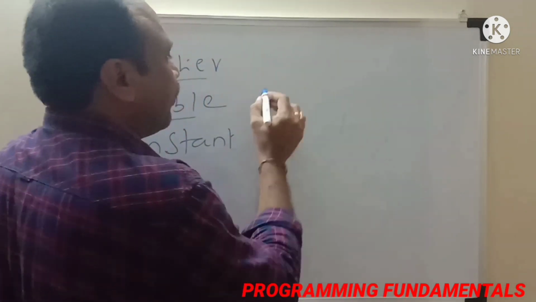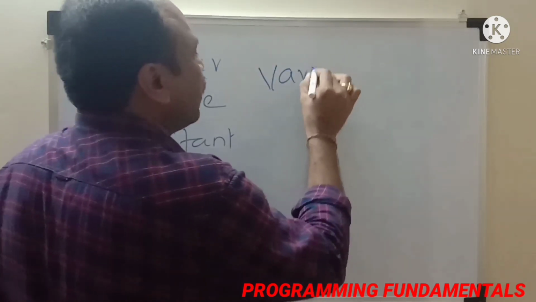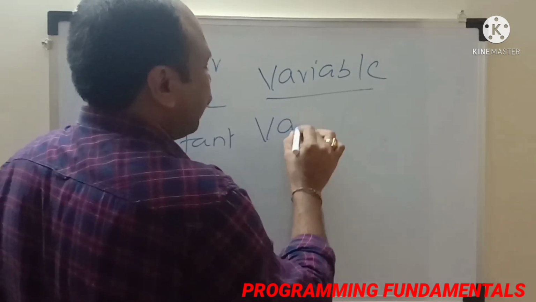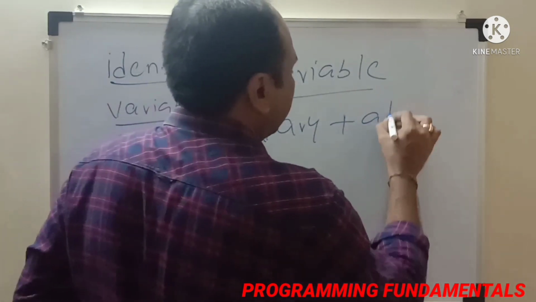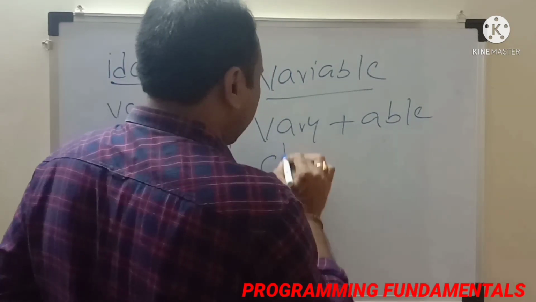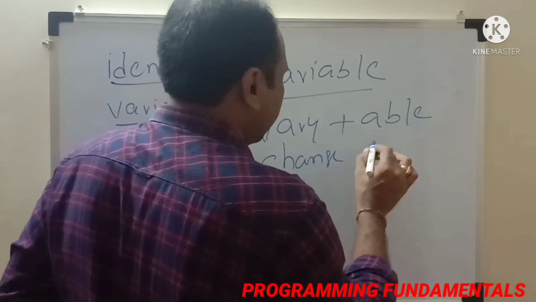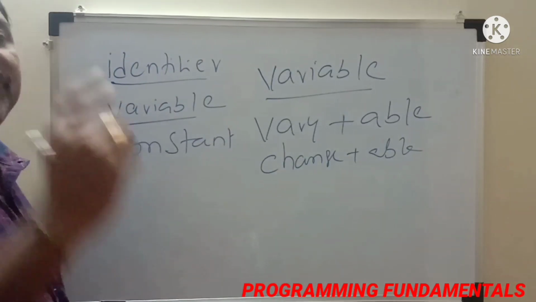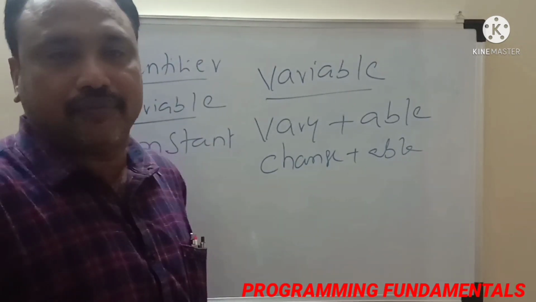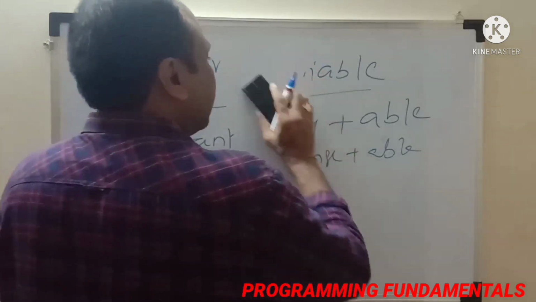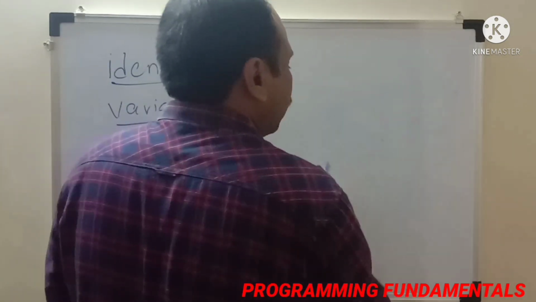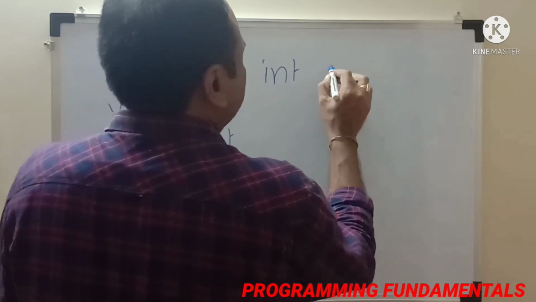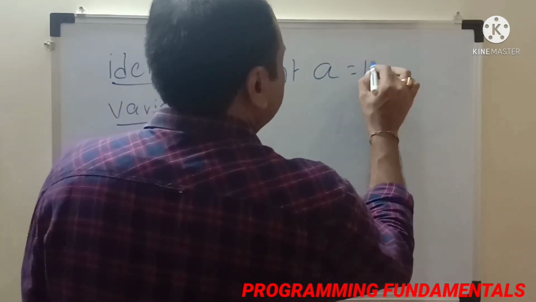See, if you look at this word variable, there are two words in it. Vary plus able. What is the meaning of vary? Changeable. That means whose value will change is called a variable. For example, if I have to use one integer value, int a equal to 10.